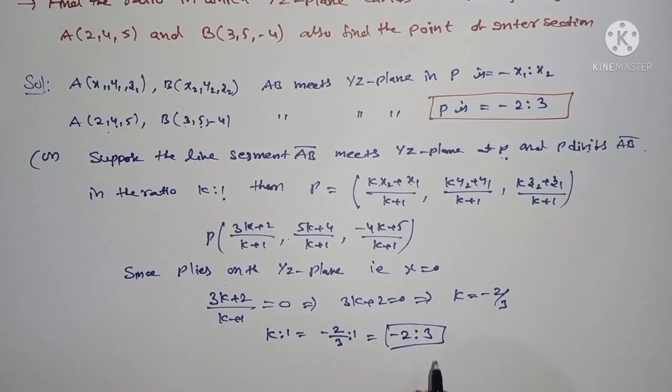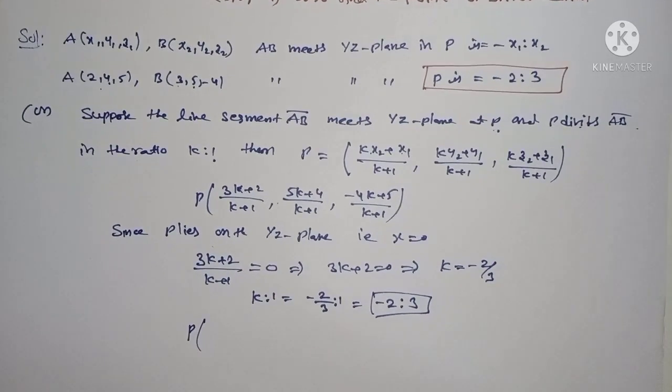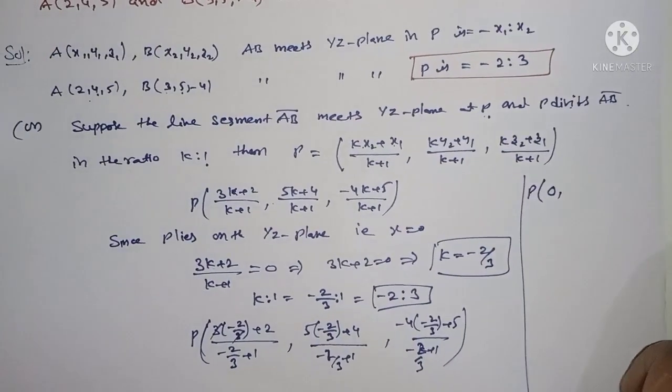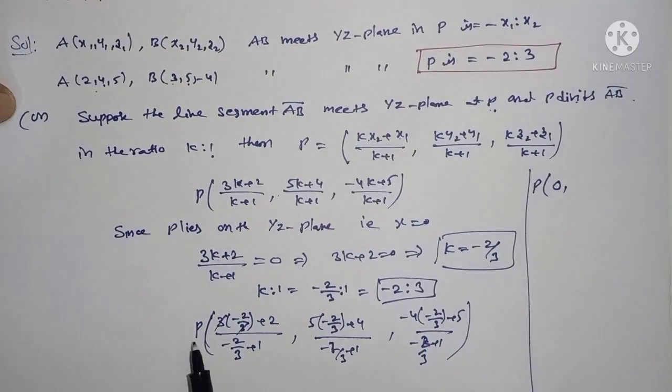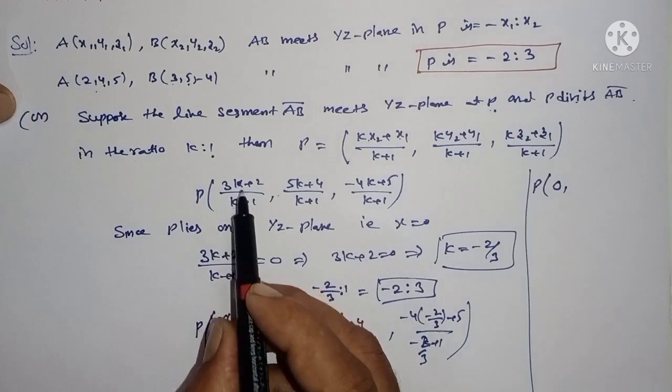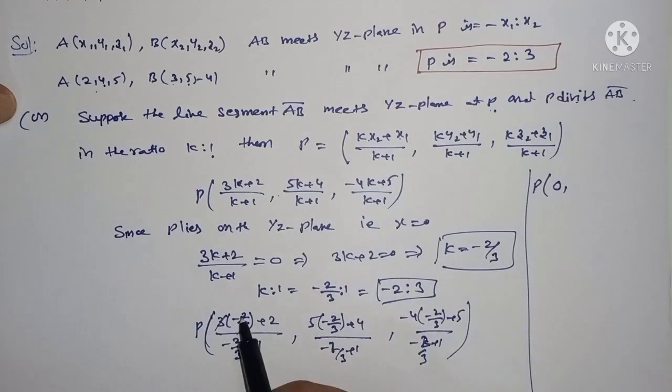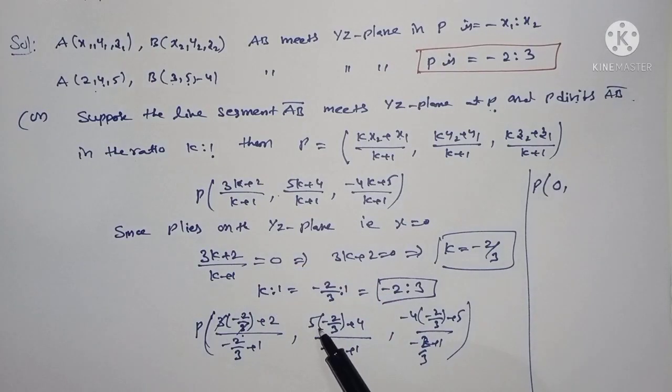Now substitute the k value to get the point. P is (3(−2/3) + 2)/(−2/3 + 1), (5(−2/3) + 4)/(−2/3 + 1), (−4(−2/3) + 5)/(−2/3 + 1). The first coordinate is −2 + 2, which is 0.